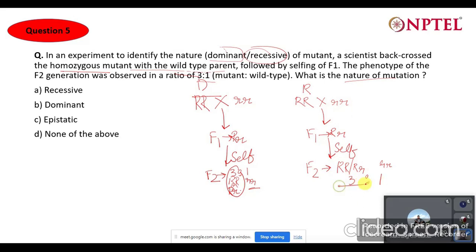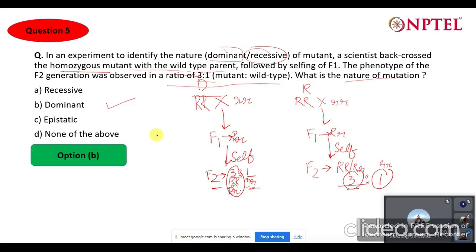But here the 3 stands for the wild type and 1 stands for the mutant, whereas in the dominant case 3 stands for the mutant and 1 stands for the wild type. As mentioned in the question, the ratio in the F2 generation was 3:1, mutant to wild type. So here the mutation is dominant. So that's the answer. Understood, everyone?